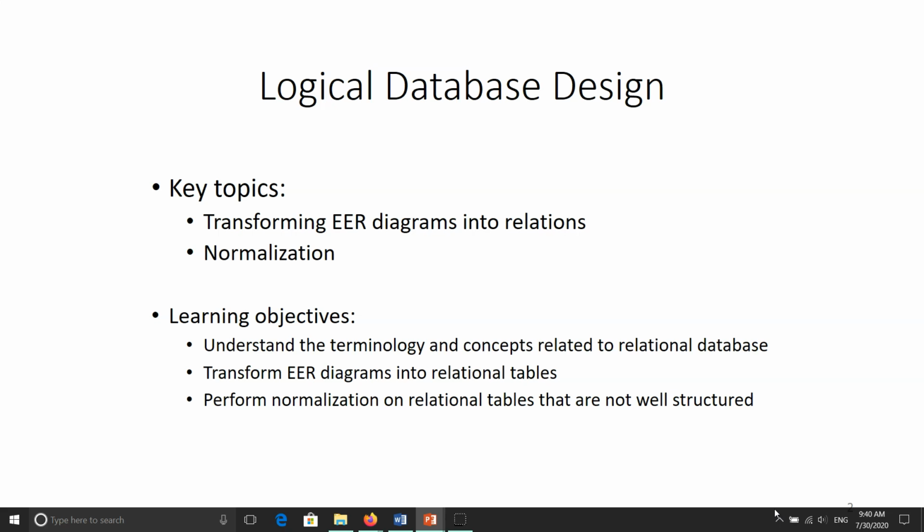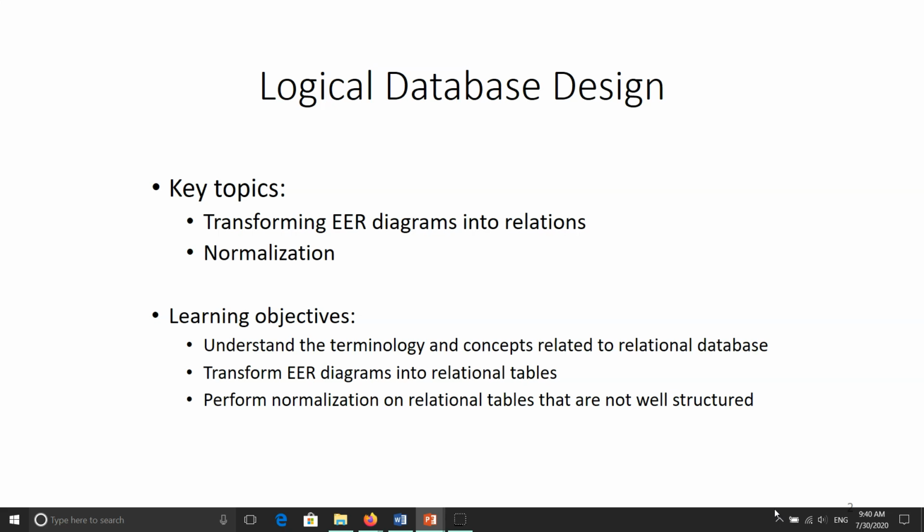Second, you should be able to transform enhanced ER diagrams into relational tables. That's a key step in developing databases.